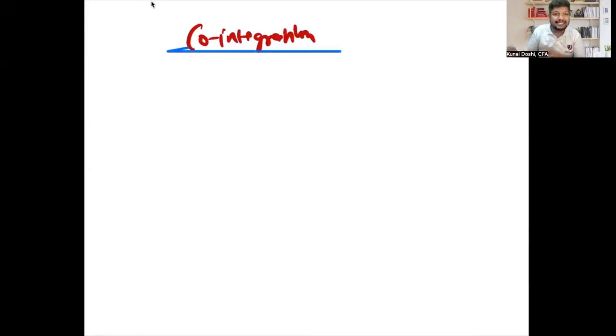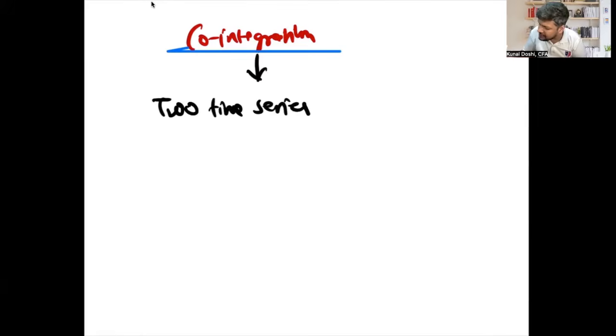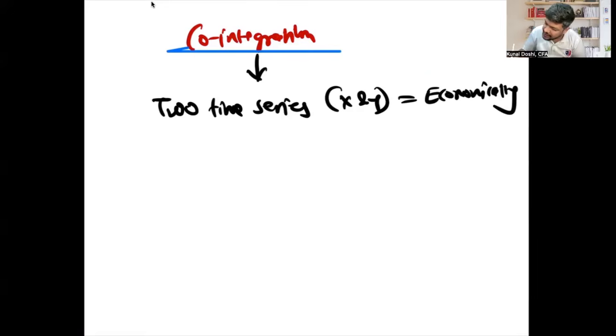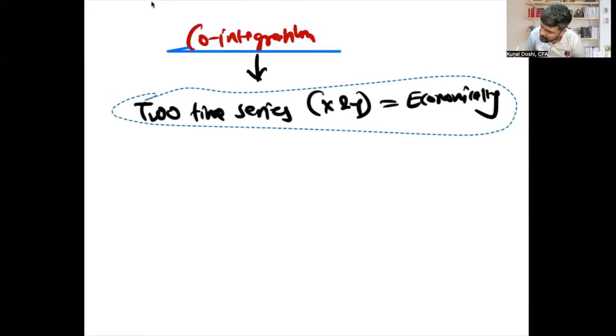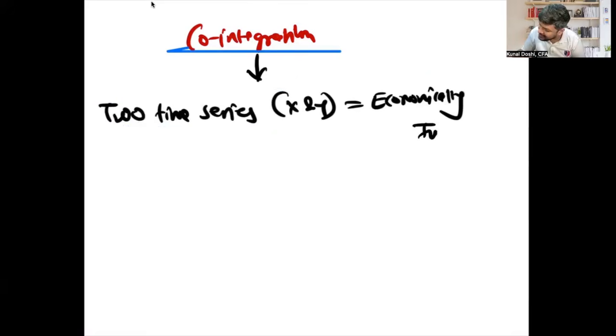It means that X and Y are economically integrated. That means whether the two time series, X and Y, are economically integrated or not. That is what we are testing. And therefore, what do I do? We compare their errors, okay? Or we are trying to understand whether the relationship between them is 0 or not.